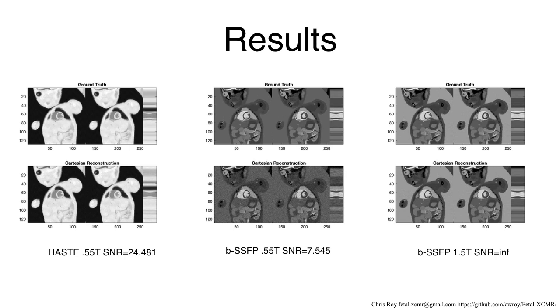I think this is partially because of the higher signal intensity generated by the HASTE sequence. However, if we look at the edges, we can notice that the edges between different tissues are actually clearer in the SSFP, while they are very blurry in the HASTE result.